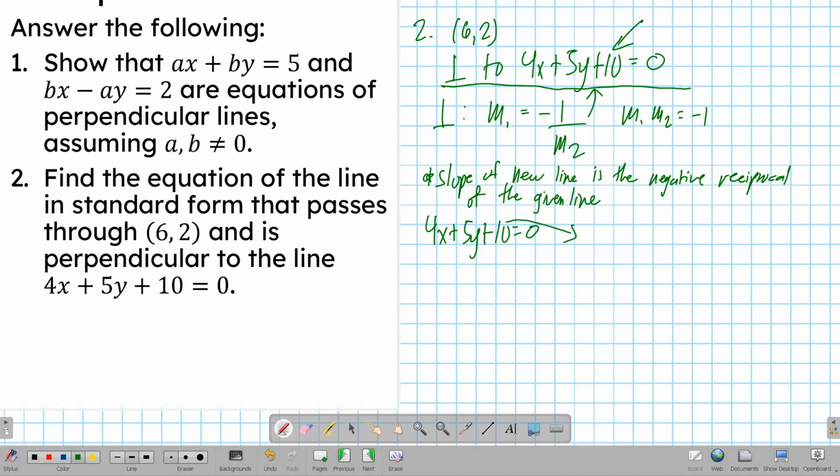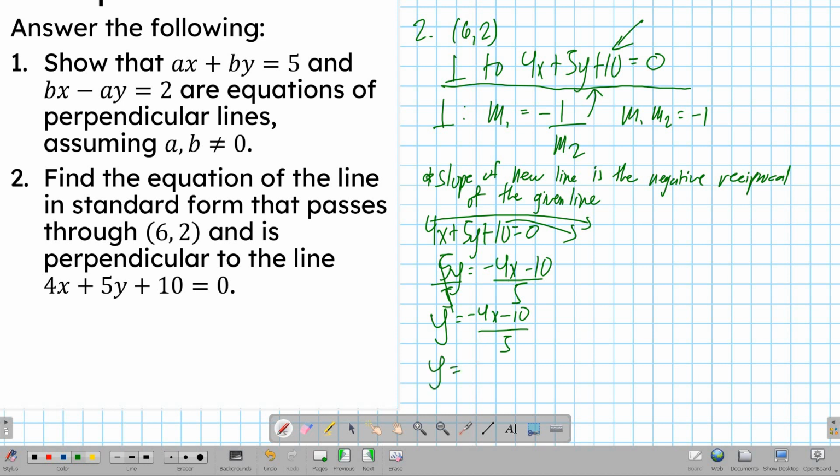So, let's transpose everything that is not the y term. We're going to have 5y = -4x - 10. Dividing both sides by 5, I'm going to have y = (-4x - 10)/5. Split natin para masunod yung y = mx + b.